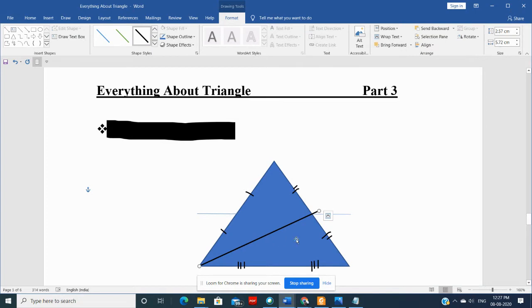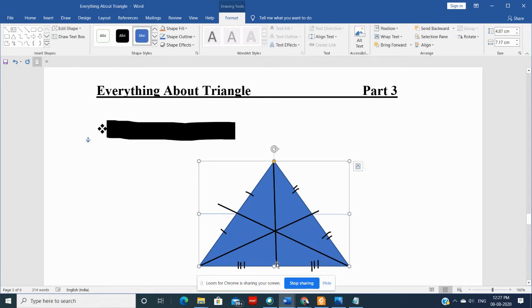Similarly, from this vertex, I can join this midpoint. Similarly, if I join this vertex to this midpoint, yes.